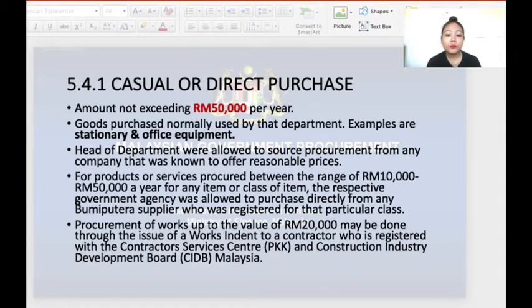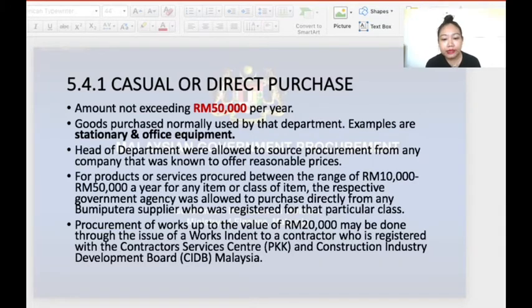So the head of department was allowed to source procurement from any company that was known to offer reasonable prices. For products or services procured between the range of 10,000 ringgit to 50,000 ringgit a year, for any item or class of item, the respective government agency was allowed to purchase directly from any Bumiputra supplier who was registered for that particular class.